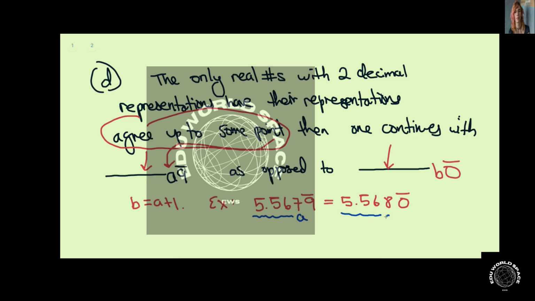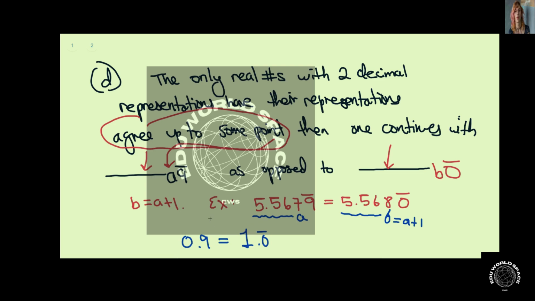And then here we have B, which is 7 plus 1, followed by infinitely many zeros. And in part A, we saw that 1.0 equals 0.9 repeating.